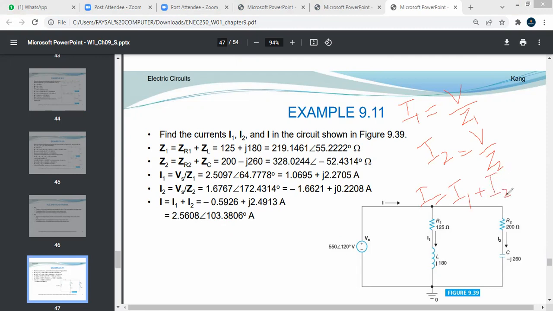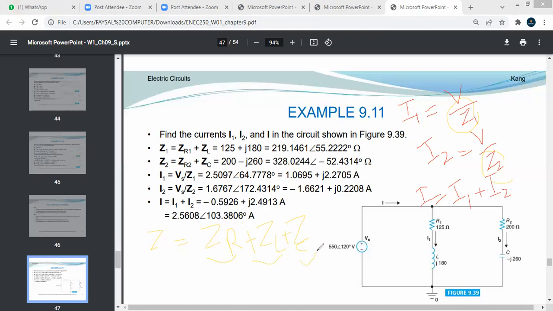So the major thing is we have to find Z1 and Z2. What is the formula, or how do we find Z1 and Z2? The Z value depends on ZR plus ZL plus ZC, that is, it depends on the impedance of the resistor, inductor, and capacitor.